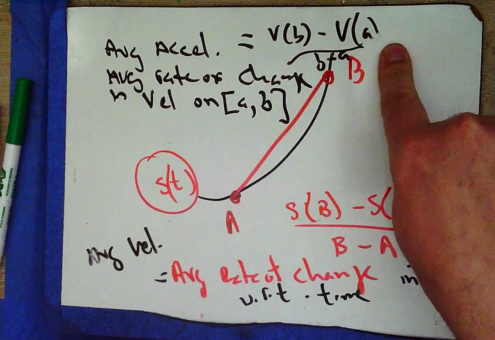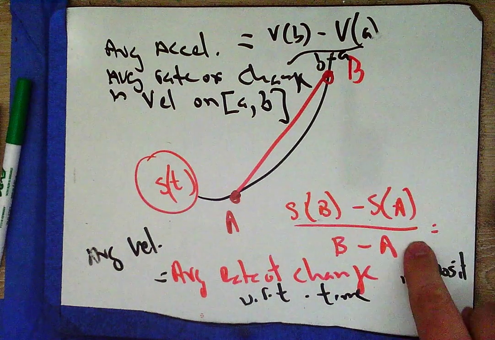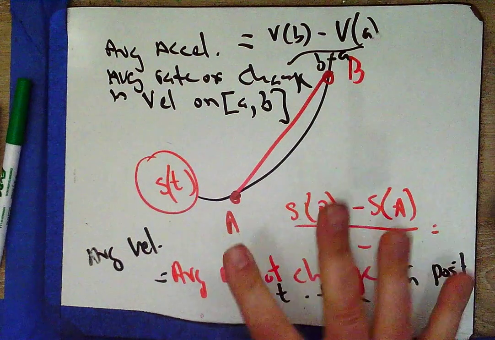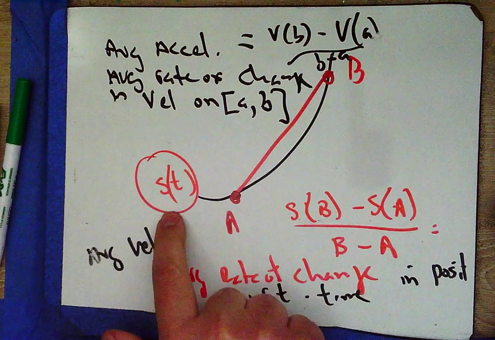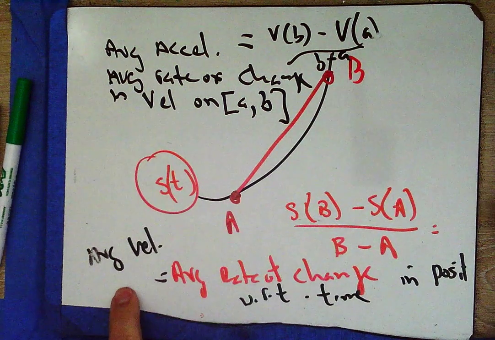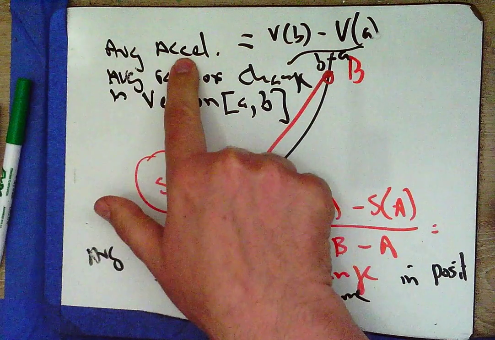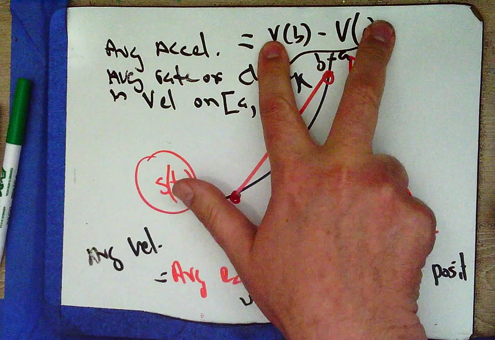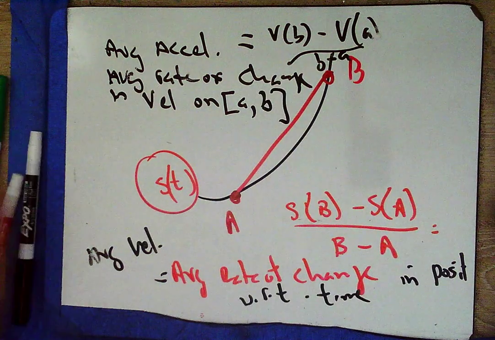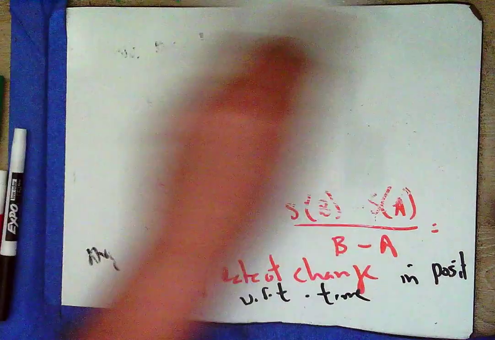No, that finds average acceleration. This finds average velocity just using the slope formula between 2 points on which function? On the position function. That finds average velocity. If you want average acceleration, you need to find the slope between 2 points on the velocity graph. Okay, so that's average velocity.